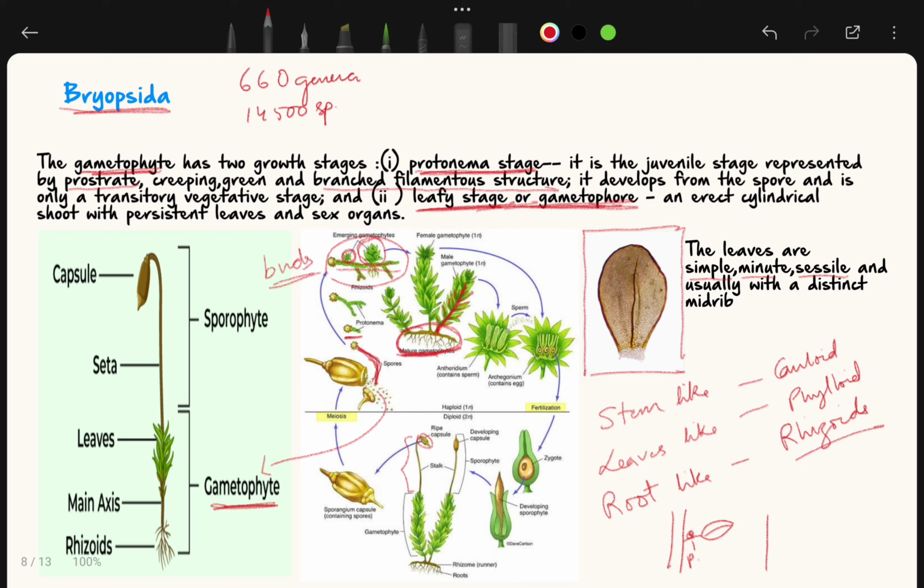So this is the stem, and the leaves will directly emerge out of the stem. In case of Bryopsida, the leaves are sessile, so there is absence of petiole, with a distinct midrib, which means that there is a midrib in the middle.